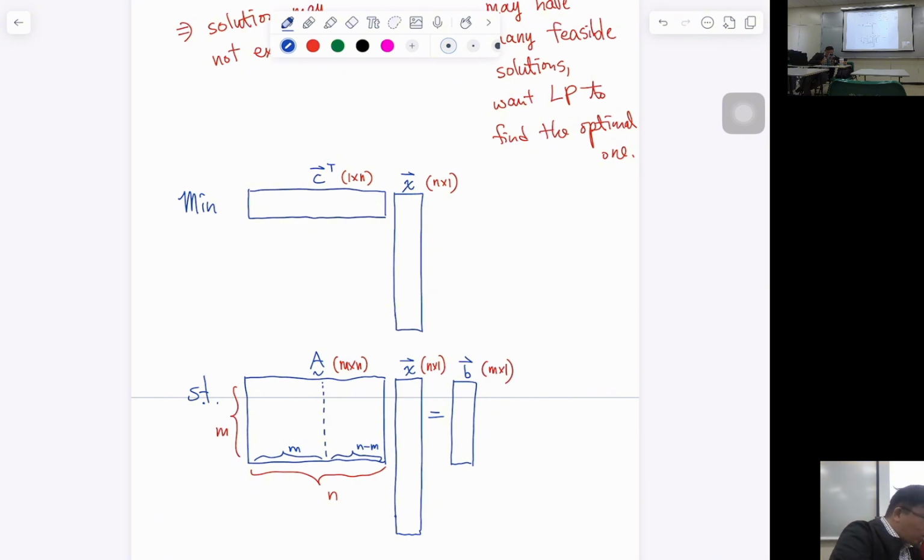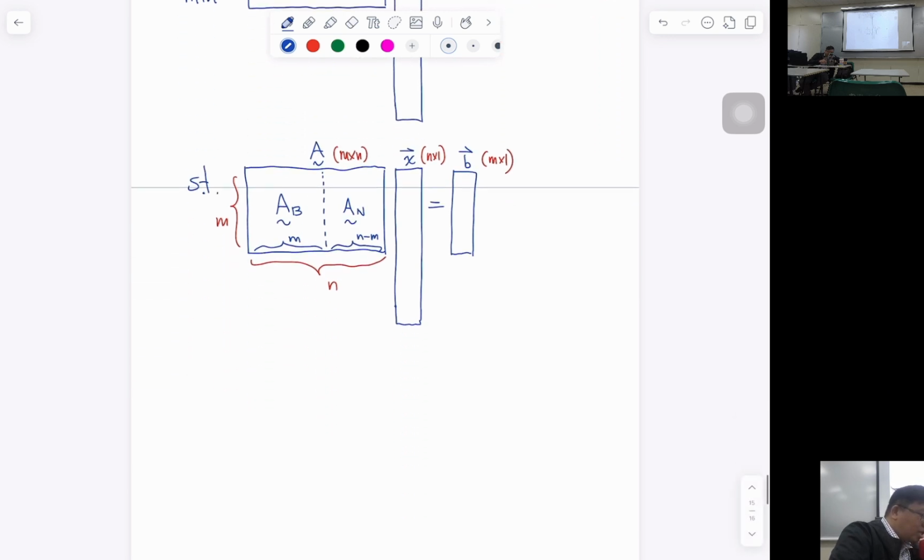And we're going to call this part of the matrix A capital B, and here is A capital N. So what do capital B and N mean? B means basic variables. N means non-basic variables. Okay?